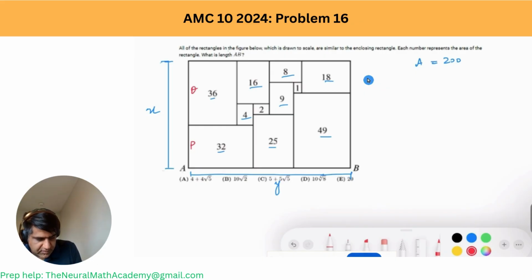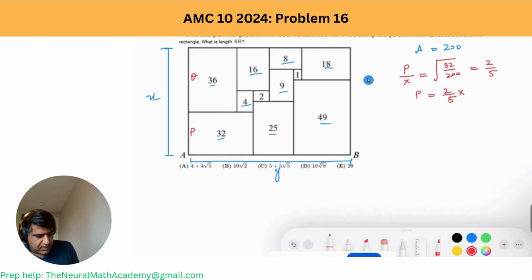So now I can write that p over x is equal to square root of 32 over 200, and that is equal to 2 over 5, or p is equal to 2 over 5 x.